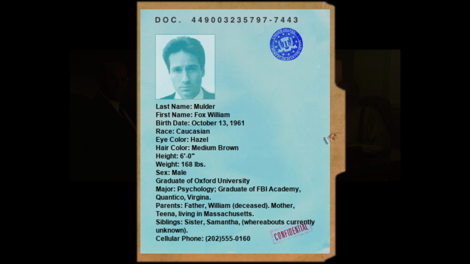Also, I think a lot of these numbers have 555 in the center there. Here's her information. 100 pounds, 5'3", red hair. Confidential. And here's Fox Mulder. Okay, we got his phone number now.